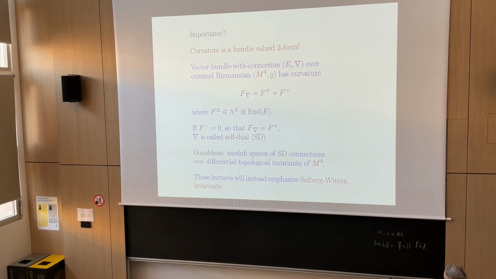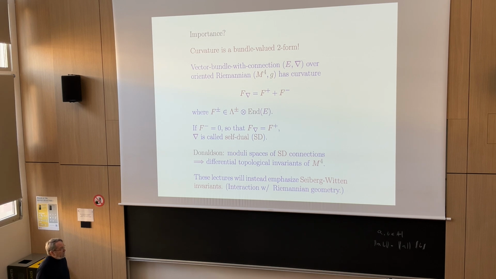Now, I'm not going to talk about those invariants called Donaldson invariants in my lectures, but I will tell you about Seiberg-Witten theory, which is a related system of equations which are simpler and which in practice seem to contain more or less the same information.